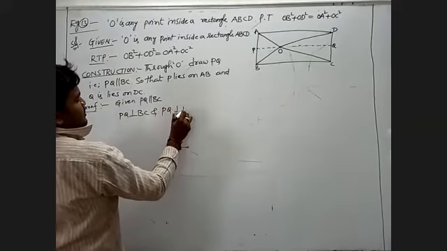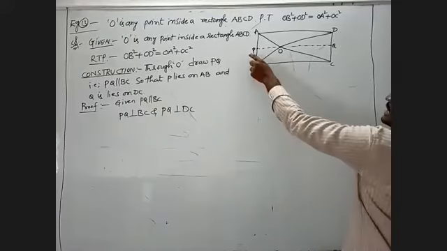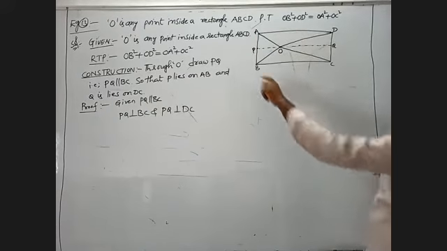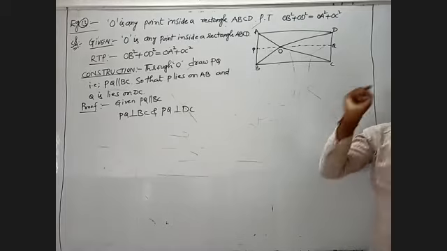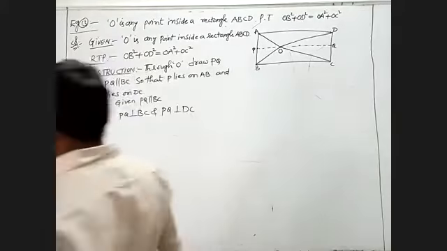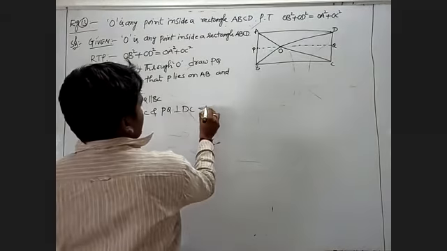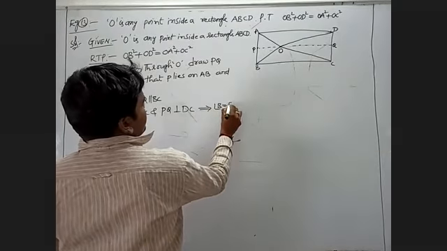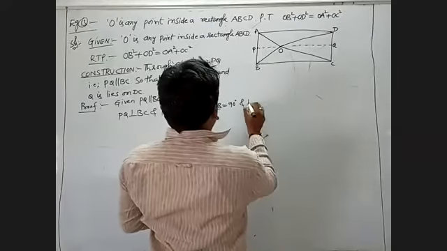We will observe in this figure, given PQ is perpendicular to AB. Here also given PQ is perpendicular to DC. Then that implies angle B is equal to 90 degrees as well as angle C is also 90 degrees.